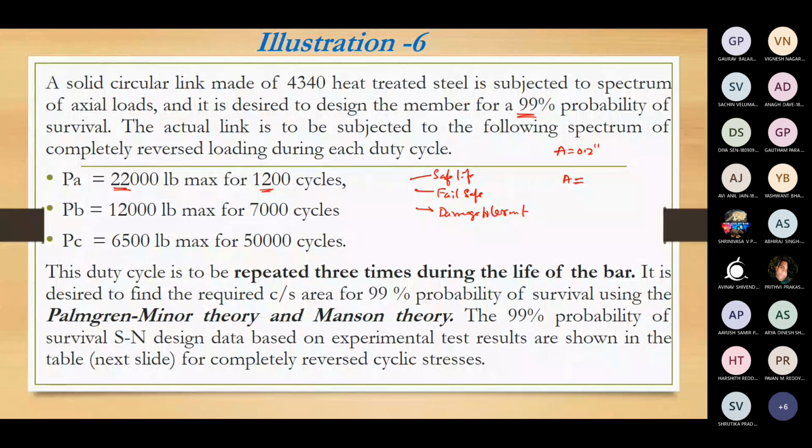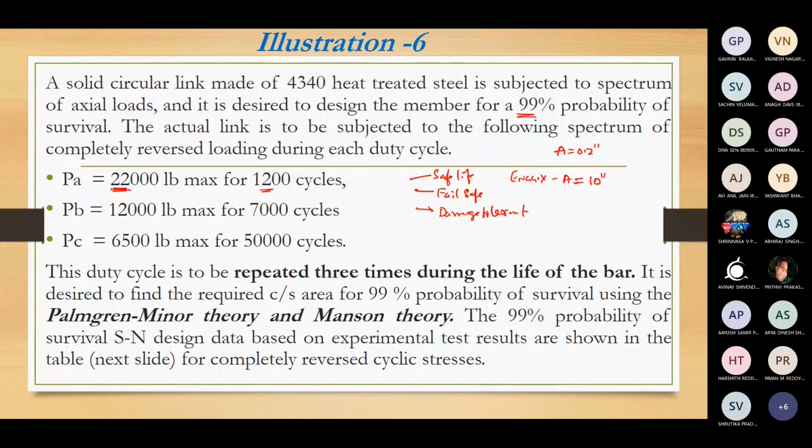So for example, consider the cross-sectional area: you suggest engineer X is suggesting a cross-sectional area of 10 inch. If the cross-sectional area is 10 inch, you calculate what would be the stress for a given load.